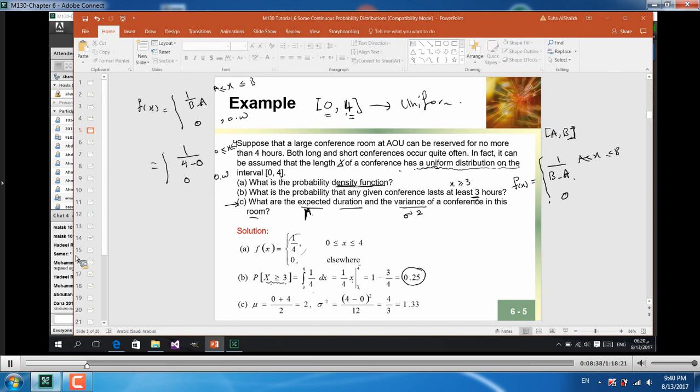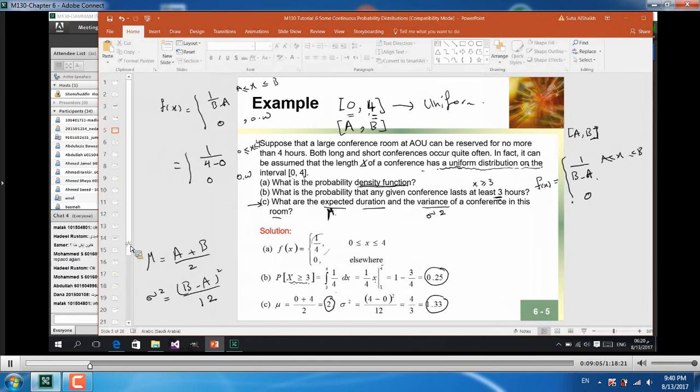Since it is a uniform, I know that mu is (A plus B) over 2, and I know that sigma square is (B minus A) square over 12. What's my A? 0. What's my B? 4, as I can see here. Substitute with all the values, get the mu, get the sigma square. Okay?